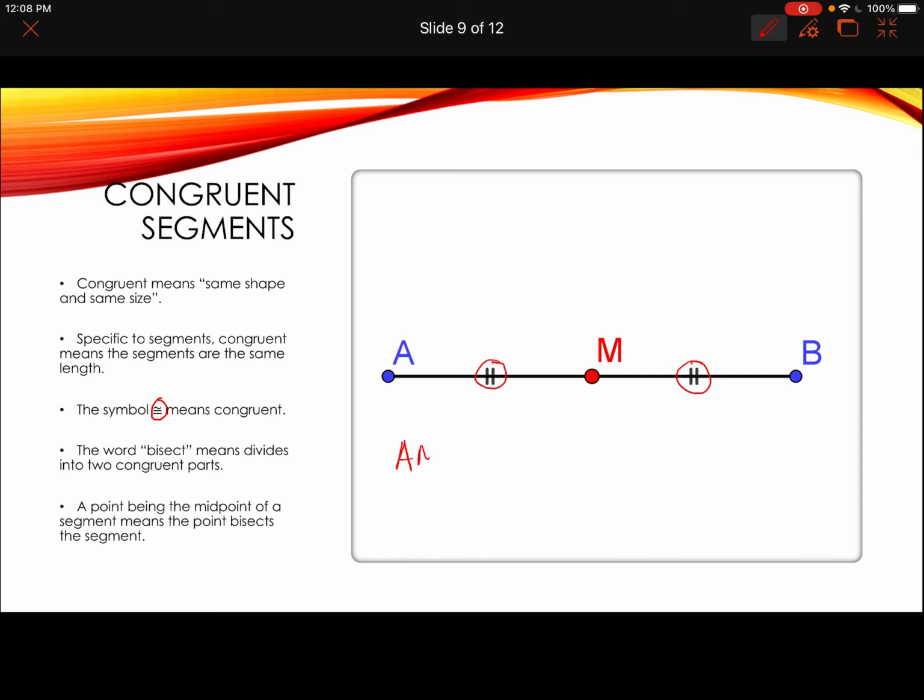This statement, segment AM, and this symbol is congruent to BM. So this means segment AM is equal to segment BM.